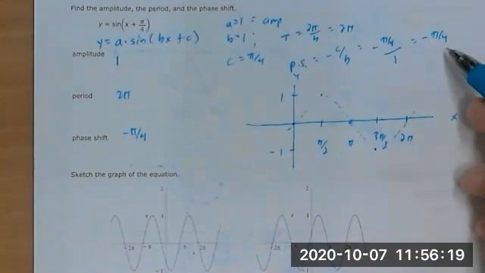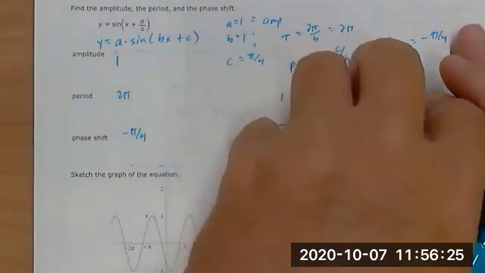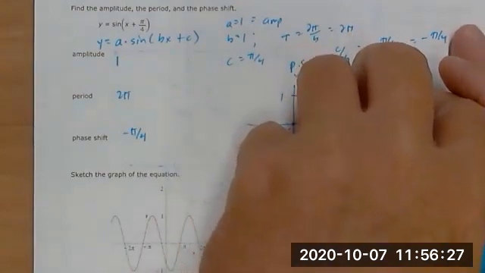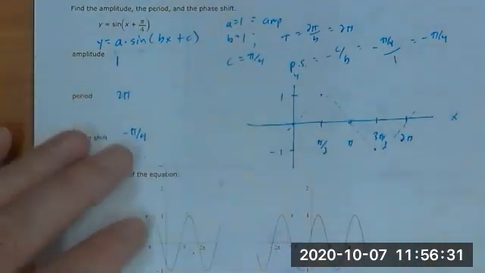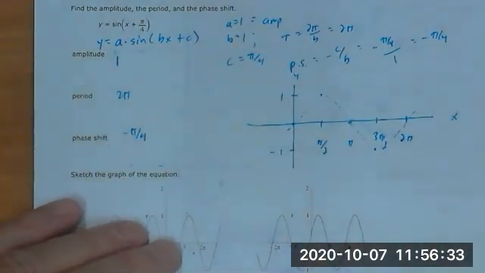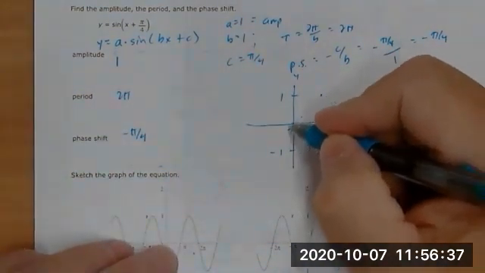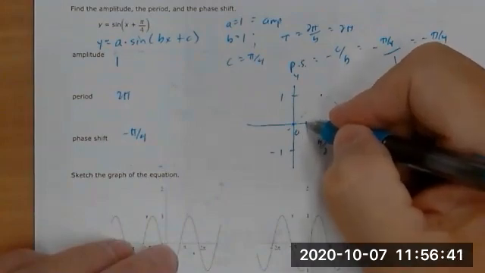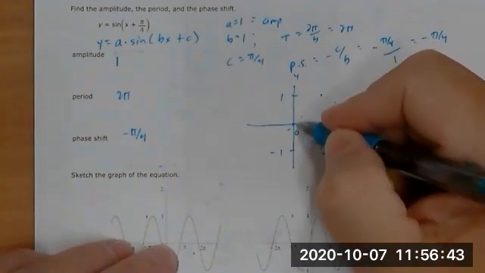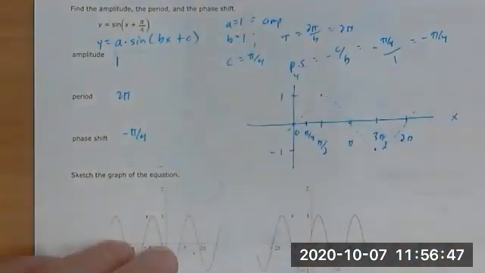However, I have a phase shift of -pi/4. So I have to take this whole sine wave and move it in the negative direction pi/4. Let's first figure out what distance pi/4 is. Well, here along my x-axis, this is 0, this is pi/2. Pi/4 would be right in here. So this is the distance I have to shift this whole graph to the left.